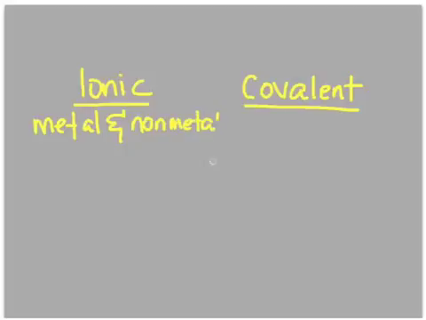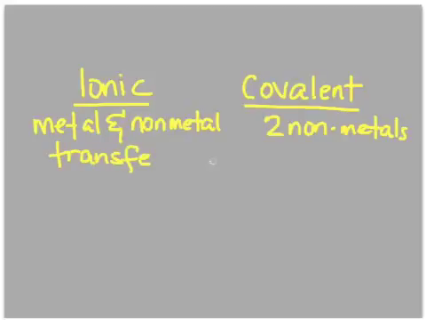In a covalent compound, we were talking about the bonding that occurs between two non-metals. The difference is that ionic compounds have a transfer of electrons, whereas covalent compounds share their electrons, so they share fairly rather than giving them up.